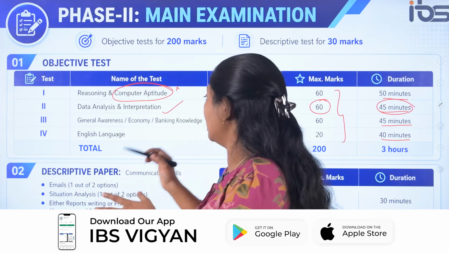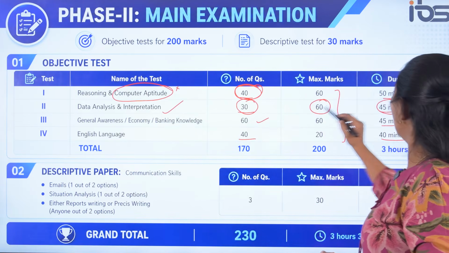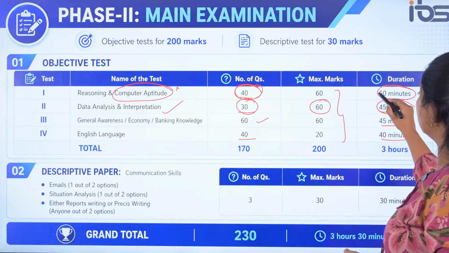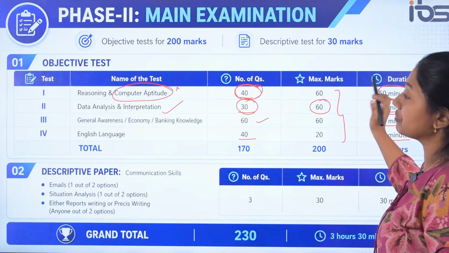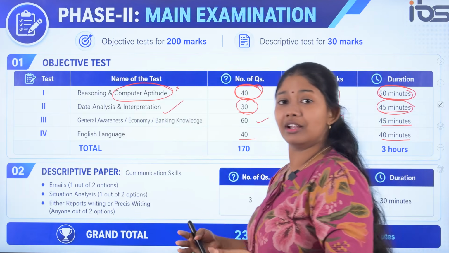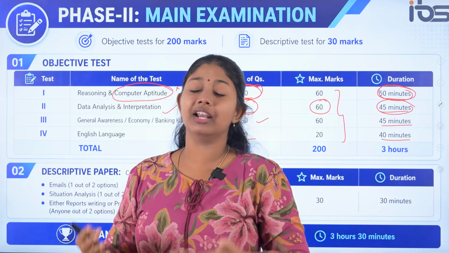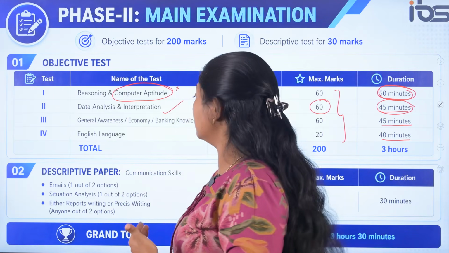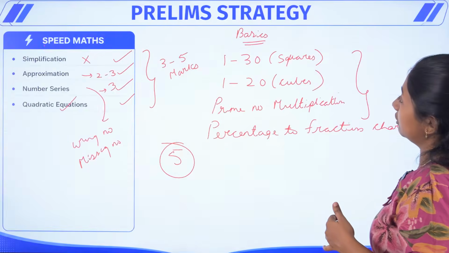So they have mentioned that as computer aptitude. Reasoning number of questions is 40 and duration is 50 minutes. There also you can expect mostly puzzle, seating arrangement and input output type of questions, all these will be asked.